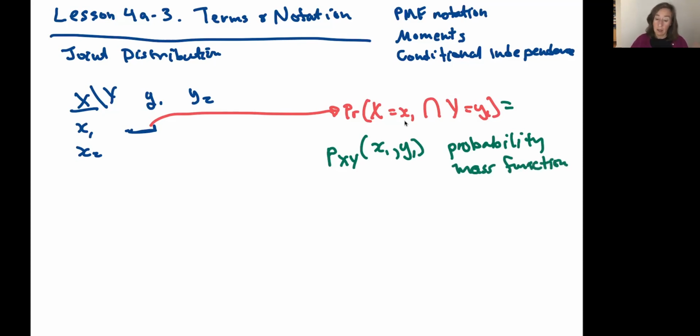Like I say, it's the function that takes values for random variable X and random variable Y and assigns them probabilities. So it could be the probability of x1, y2, or x2, y1, etc. We'll get to some examples of putting specific values in as the argument of that function.